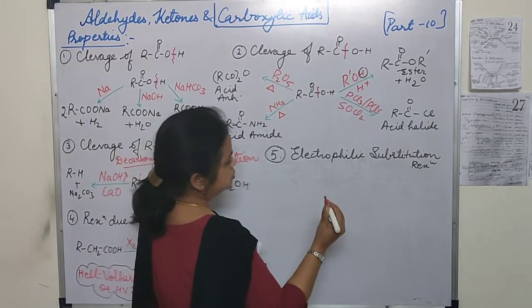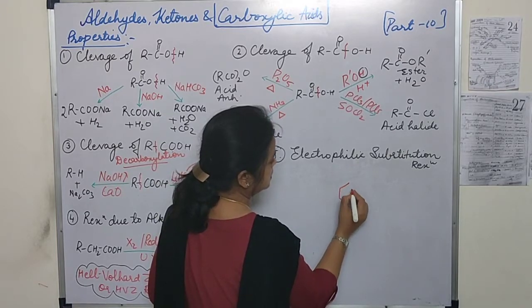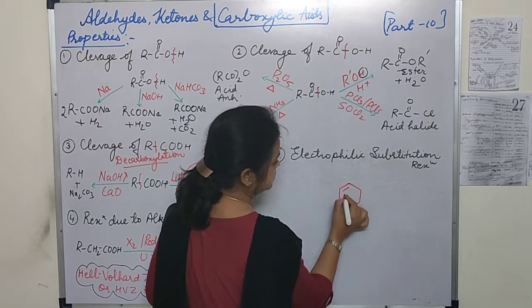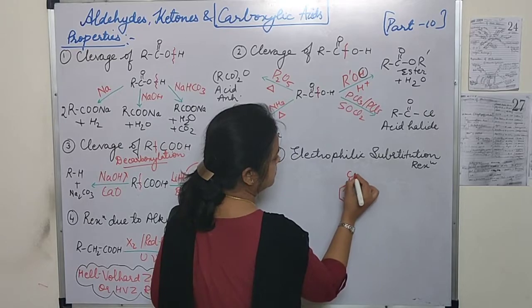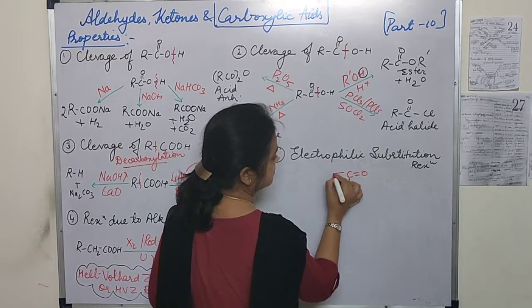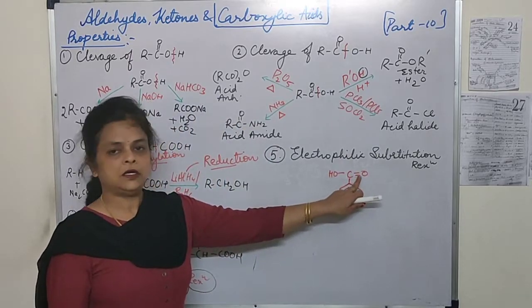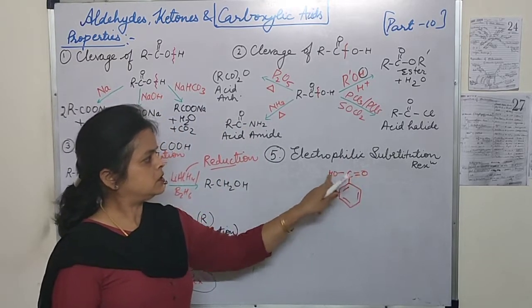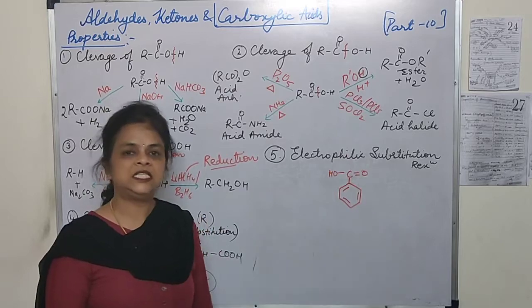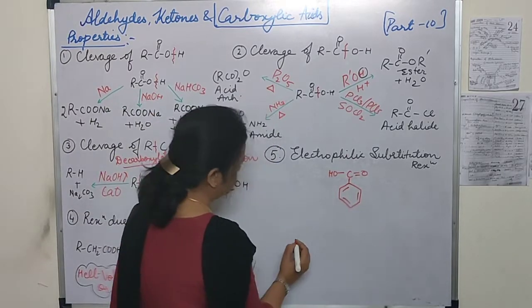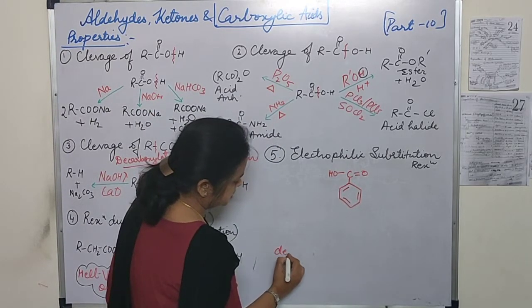If you will see the structure of benzoic acid, it is having a double bond. Now because of this COOH group, it is deactivating. I am writing some points over here. It is deactivating.